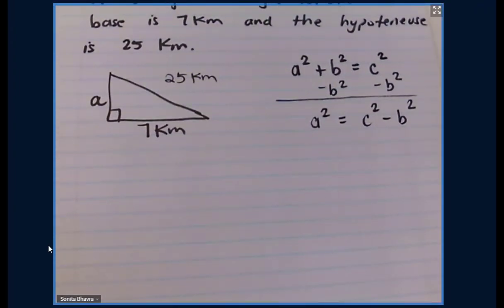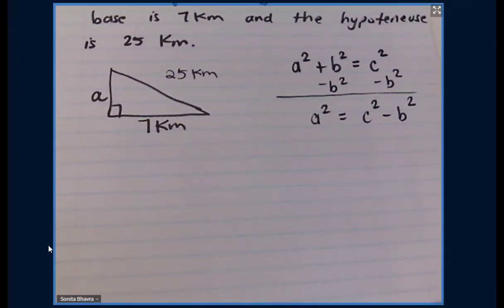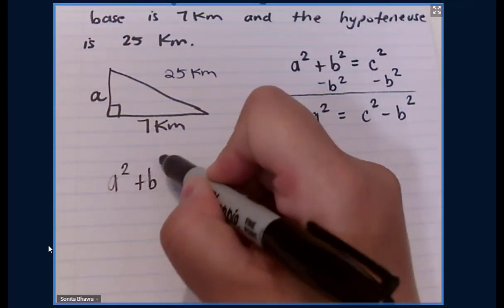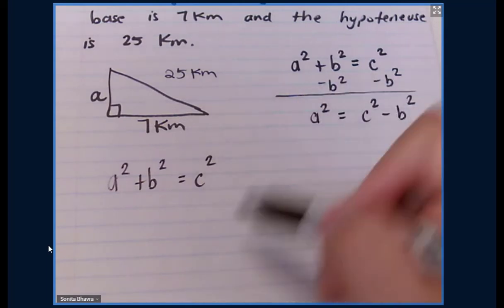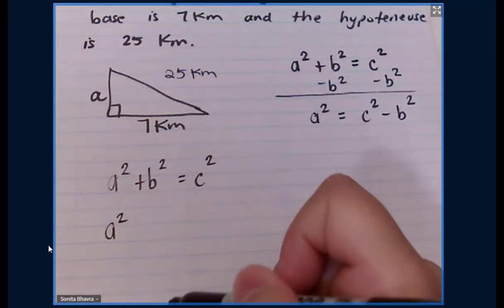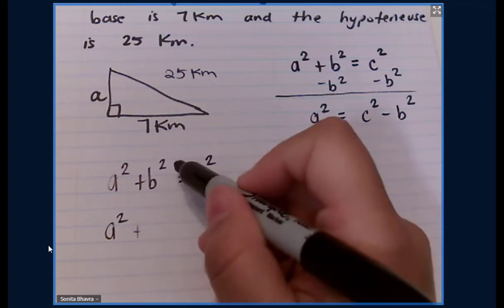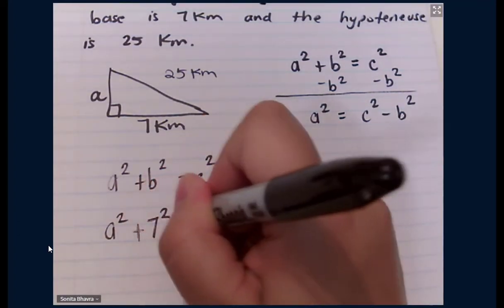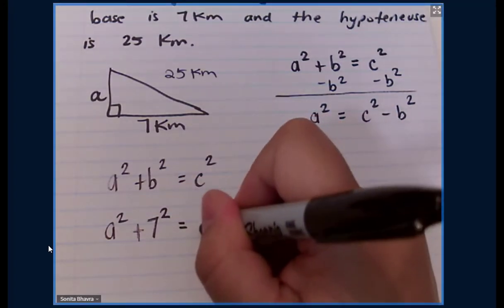I'll just start by doing the substitutions. So a squared plus b squared is equal to c squared. That a squared is the one we're trying to solve for. Our b is 7 squared, and we know it's equal to 25 squared.